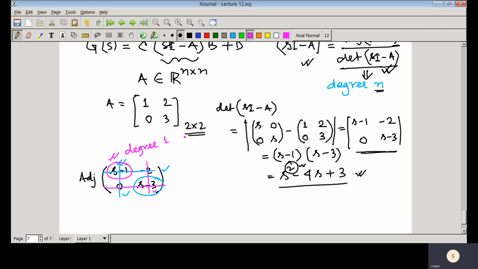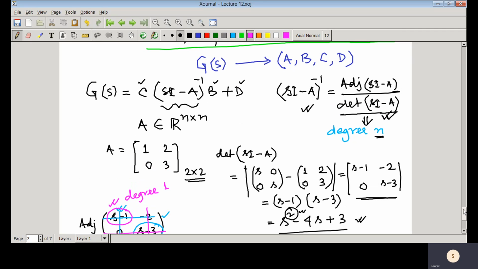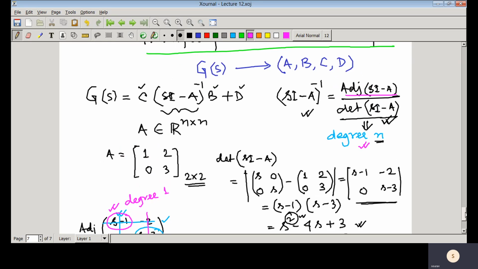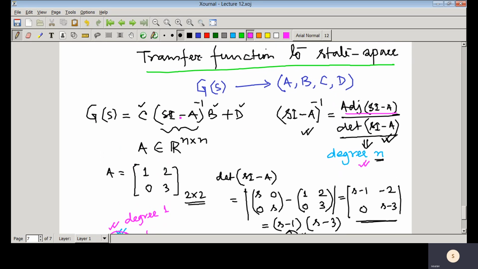So whenever you find the adjoint of sI minus A, the degree of its elements is always less than n. So whenever you find sI minus A inverse, it is equal to the adjoint of sI minus A divided by the determinant, whose degree is n, and in the numerator the degree is always less than n.